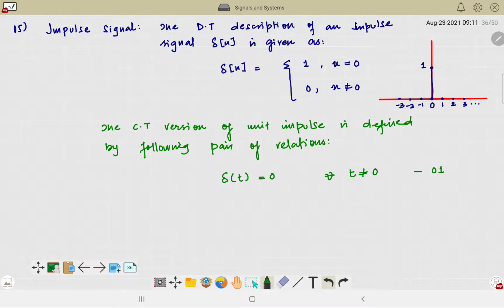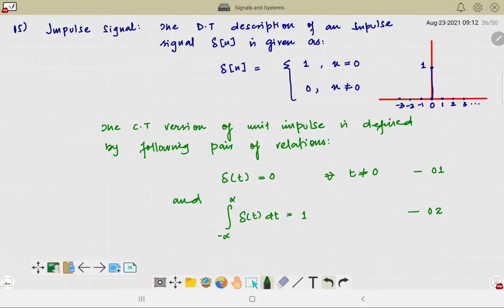So to conceptualize that thing, we have basically a pair of relations that your unit impulse must satisfy. First is this, that it should have a value of 0 for time not equivalent to 0, and then it should also follow this relation that if you sum up this continuous time impulse function over the entire time range, its integral should be equivalent to 1.